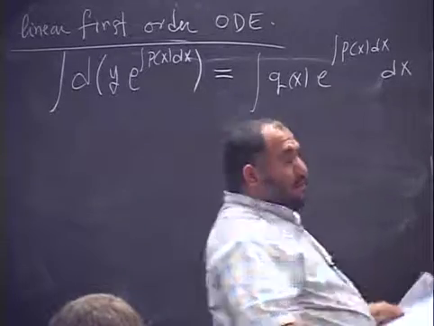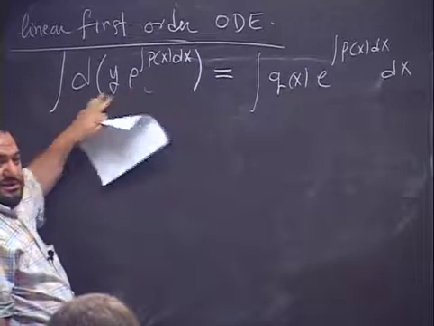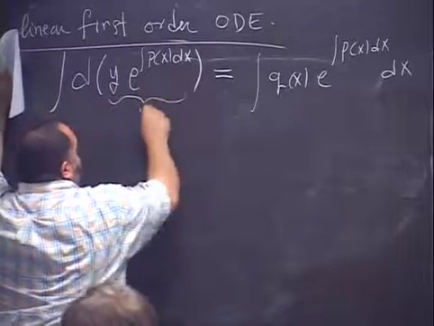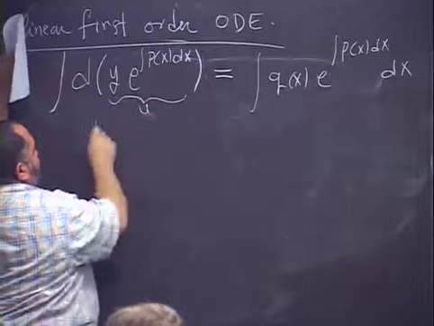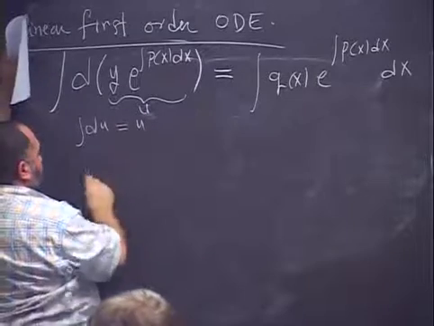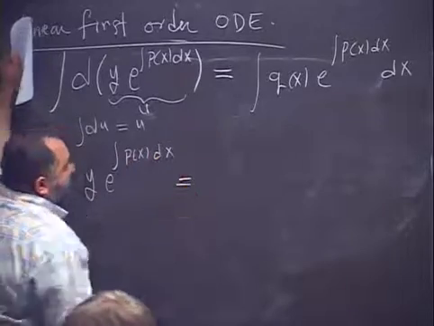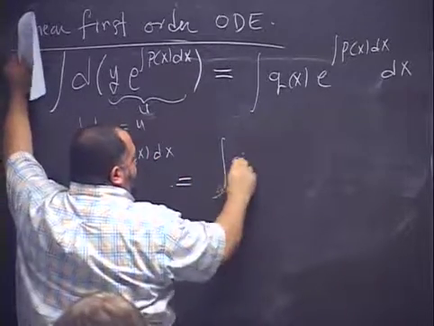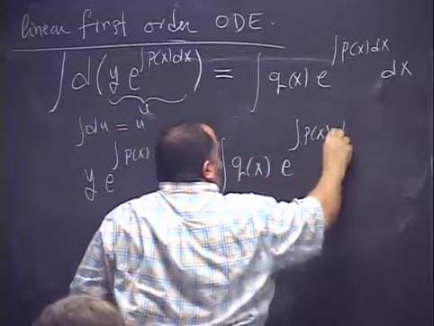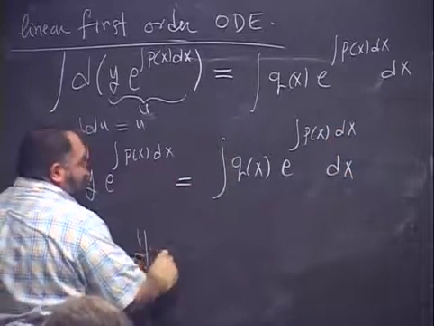Okay, guys? So what's the solution for this one? What's the integration of du? If we call this u, the integration of du will just give us u. And what's u? y e to the power of p of x dx equal to the integration of Q of x e to the power of the integration of p of x dx, plus constant c.